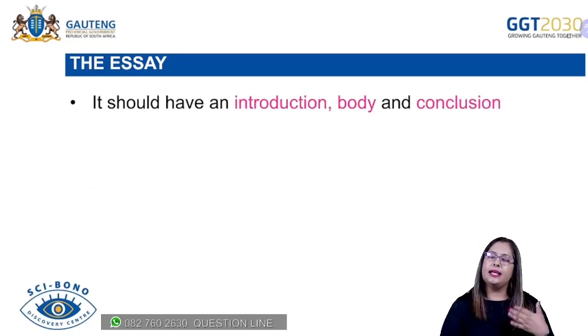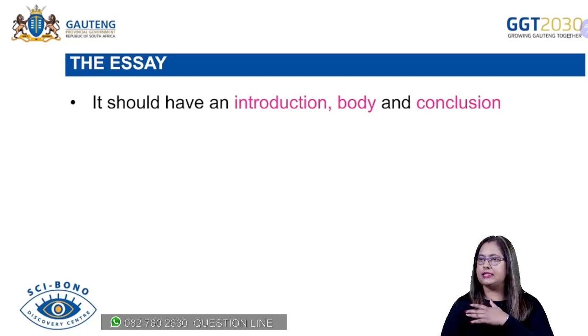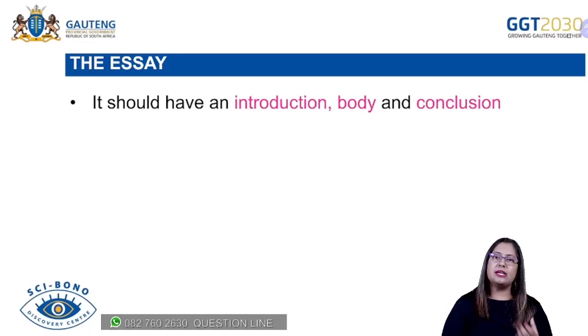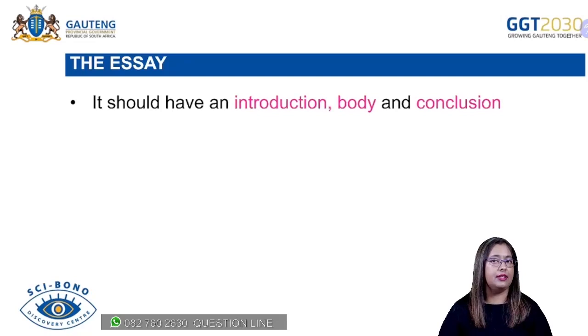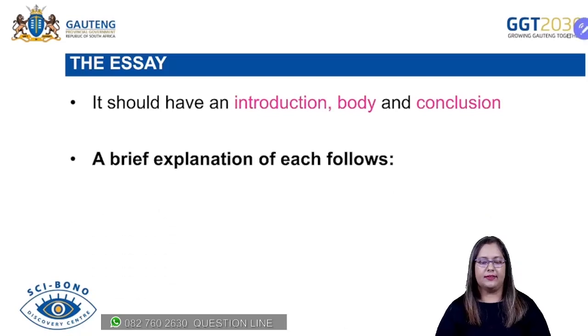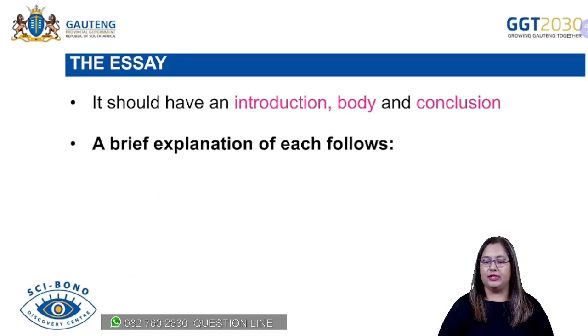All right. In an essay, whether it is a narrative, as I'll discuss with you later, or any type of essay, there are three important things that we're looking at. First, it must have an introduction, a body, and a conclusion. So let's look at that. What is each of these things?